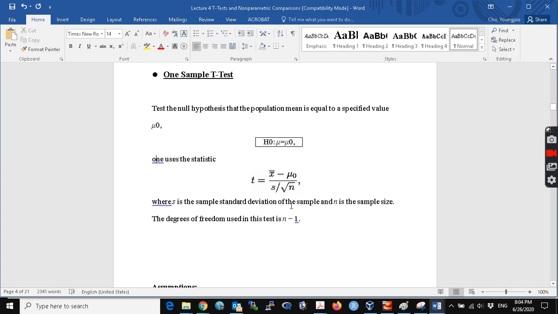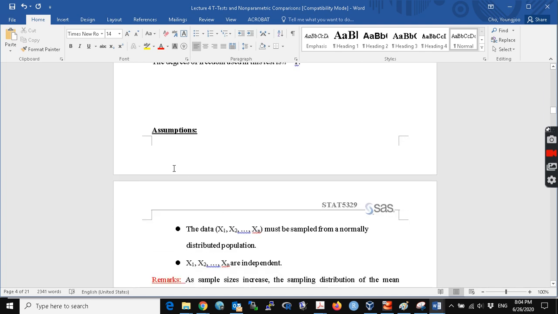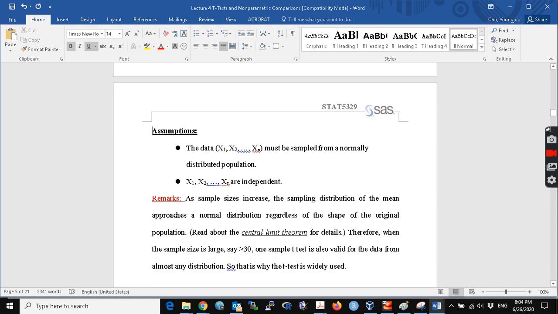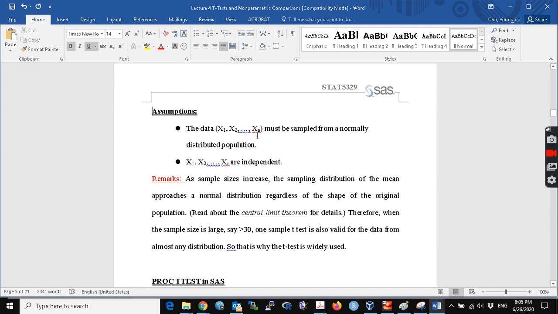This t statistic follows the t distribution when the null hypothesis is true, and degrees of freedom is n minus 1. We have assumptions here: x1 to xn must be sampled from a normally distributed population, and they are independent.